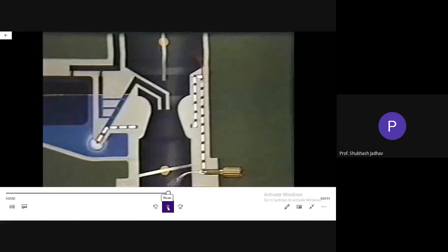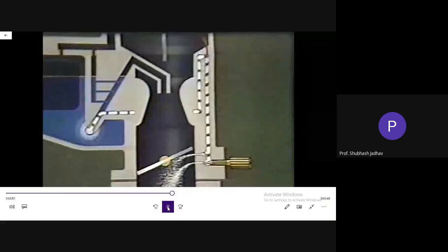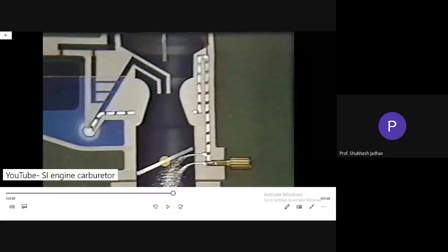Sometimes more than one idling jet will be provided. There will sometimes be two idling jets in some heavy vehicles like tractors. As we go on opening the throttle to some extent, initially the throttle was here, and at that time the engine suction pressure was not acting on this, so only through this the fuel was coming.